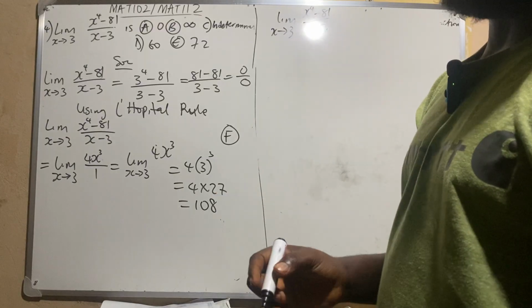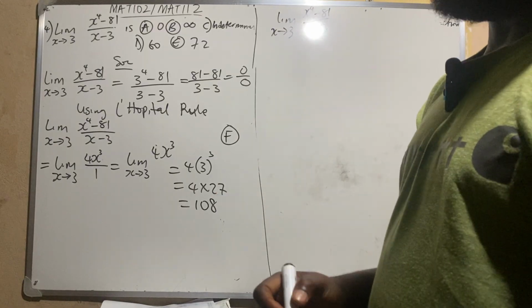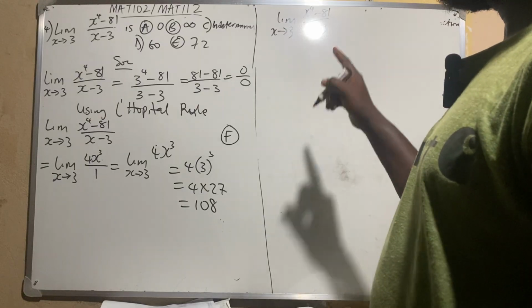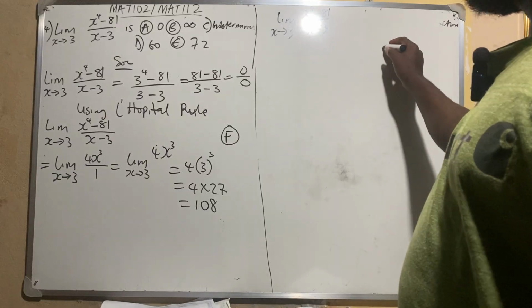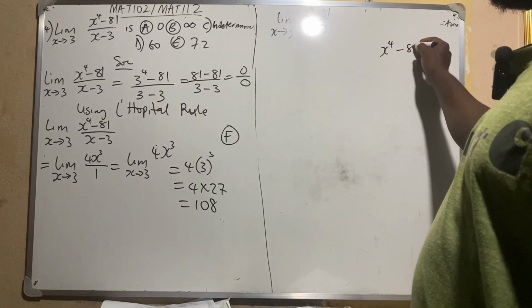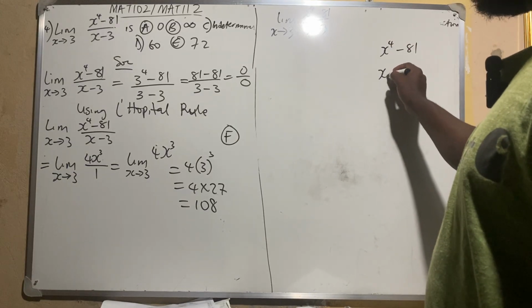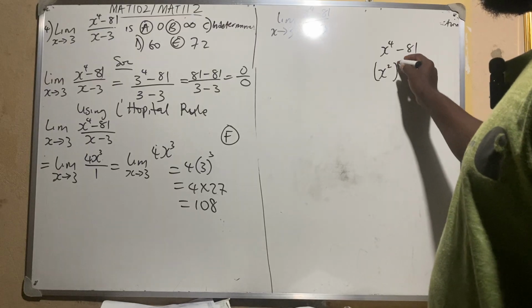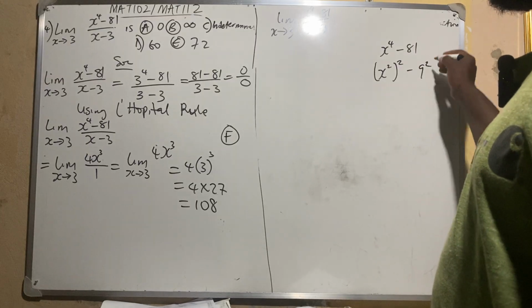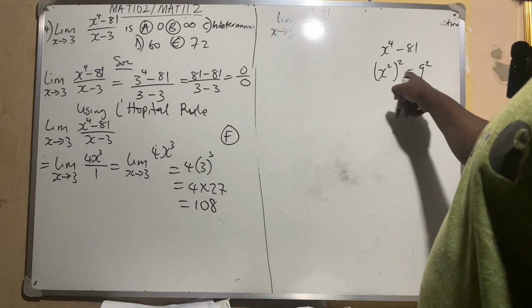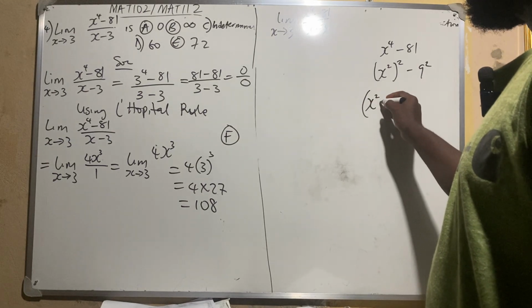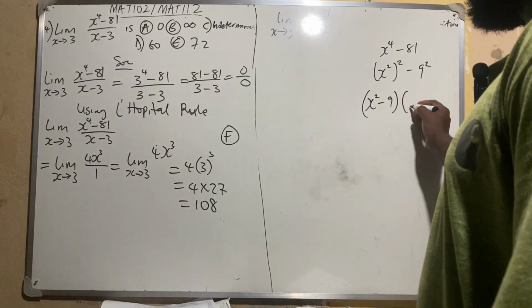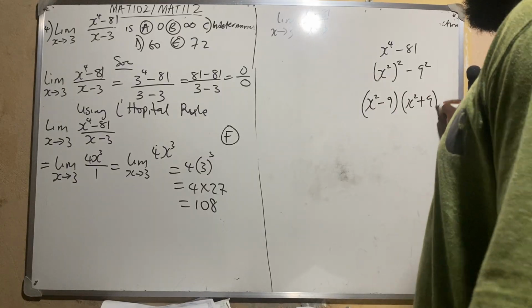Now if you look at the numerator, you see that this is difference of two squares. What do I mean by that? Now x raised to power 4 minus 81 is the same thing as saying x raised to power 2 all squared, minus 9 squared. So this is difference of two things that are squared. So it will now be x squared minus 9 and x squared plus 9.